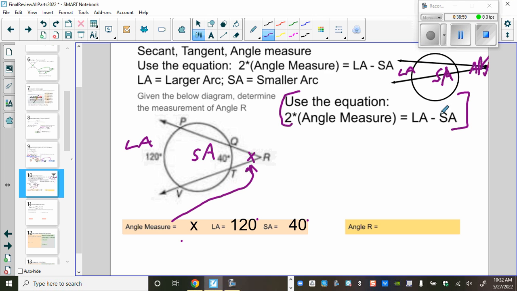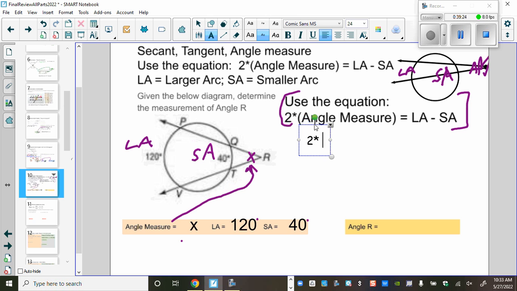But now, do we have enough information where we can solve for our angle measure? You do. Because, well, do we have our angle measure? Nope, it's an X. So right now we have an X for the angle measure, but that's okay. 2 times X equals, well, what's our larger arc?